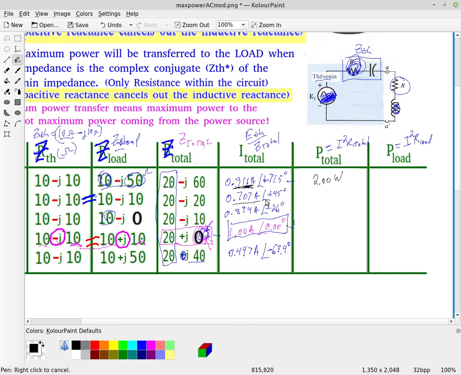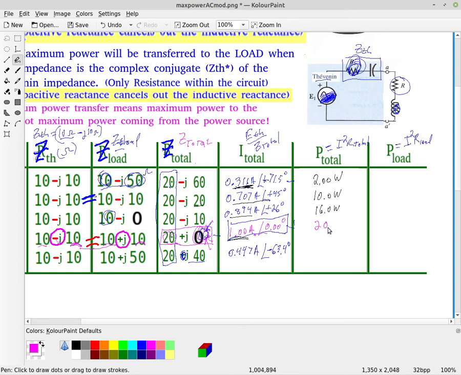Likewise, if you do the next case of 0.707 amperes with a Z total of 20 minus j20, then that's going to give you a total power of 10 watts. And if you do the next case of 0.894, that's going to give you 16 watts. And if you do the case here at max power, this is 1 ampere squared times 20 ohms total.